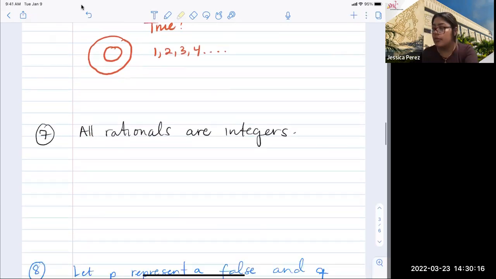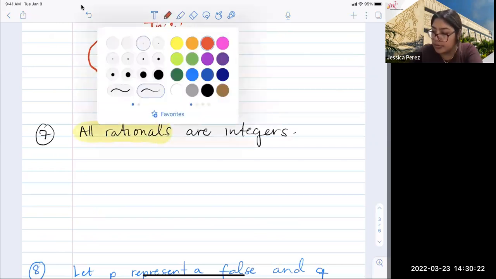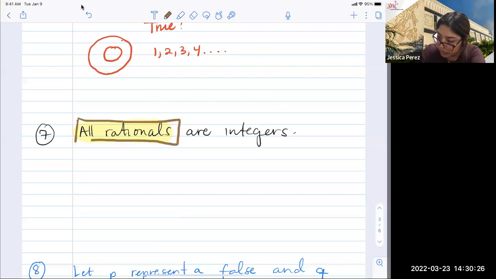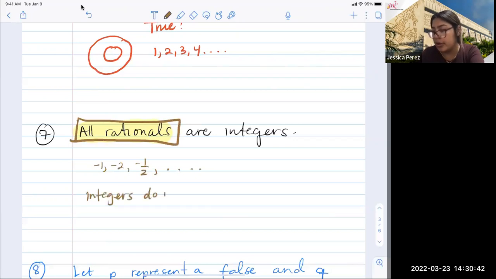So what about this one? All rationals are integers. Well, all rationals, so I would be talking about -1, -2, -1/2, are integers. Well, remember, integers do not contain fractions.